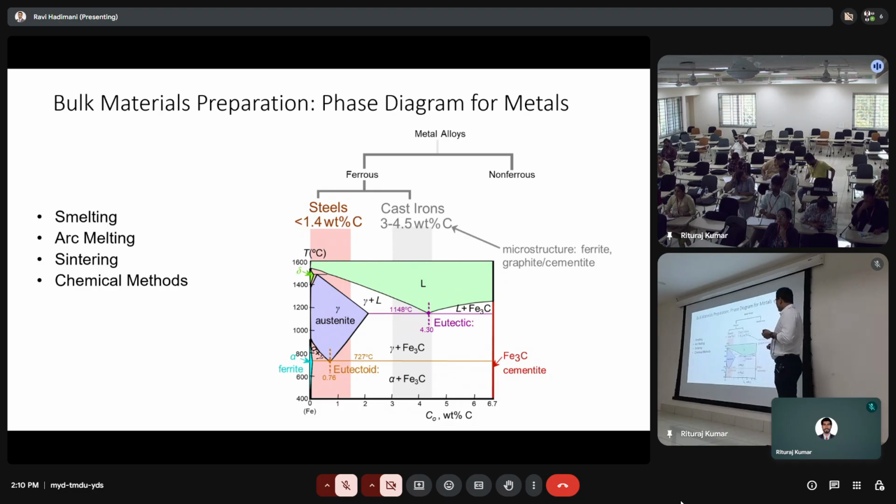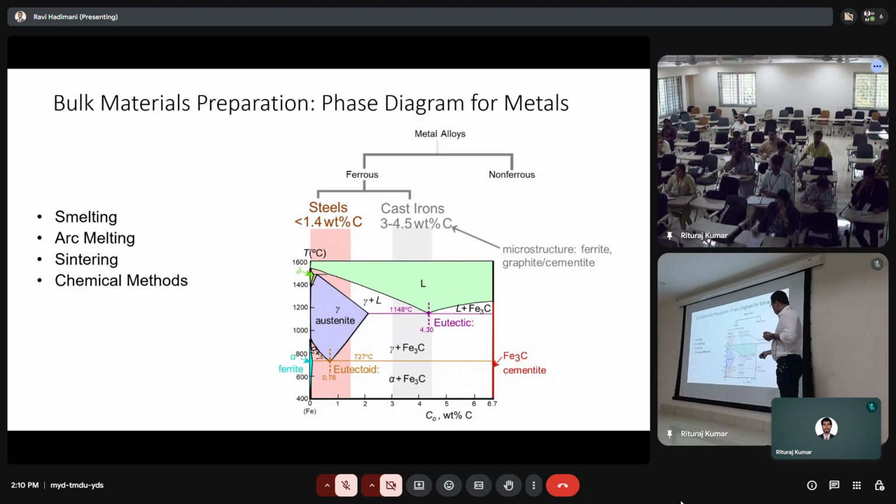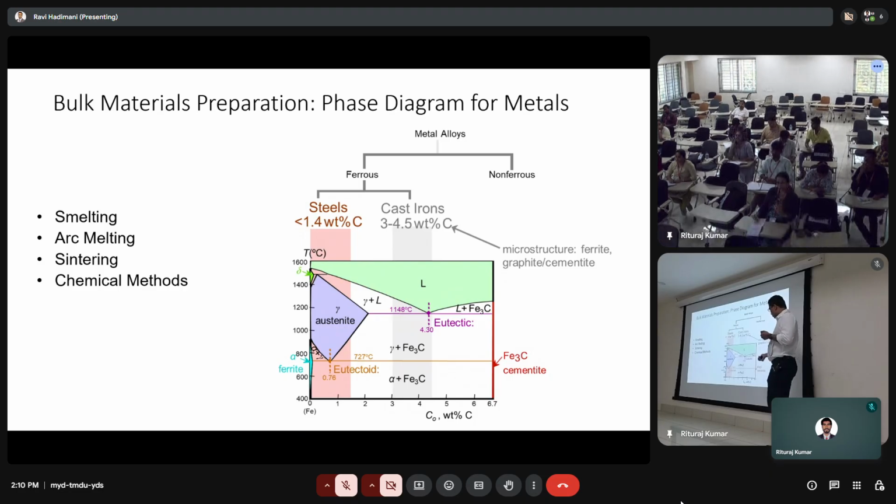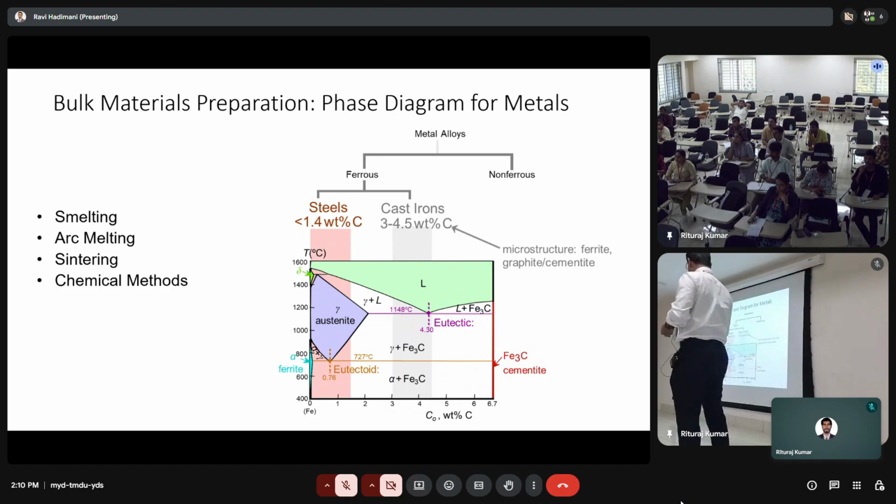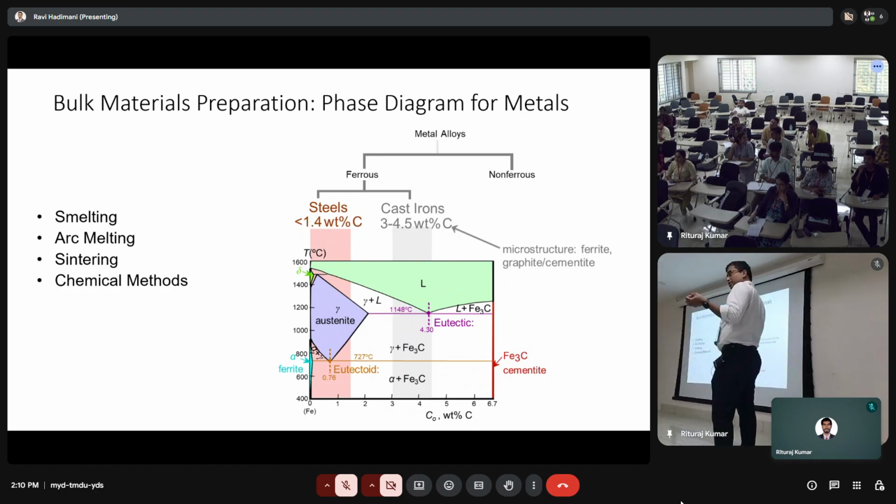Depending on the content of your carbon, the microstructure of that material will change, right? If you have the eutectoid mixture exactly at 0.76 carbon percent, you get these typical pearlite structures, right? Microstructures.